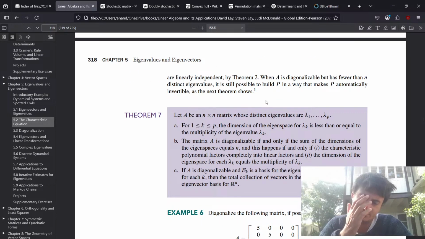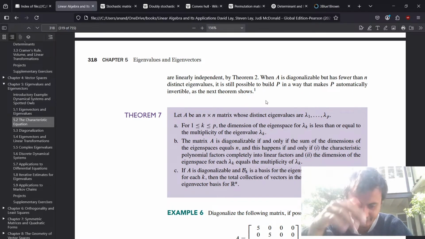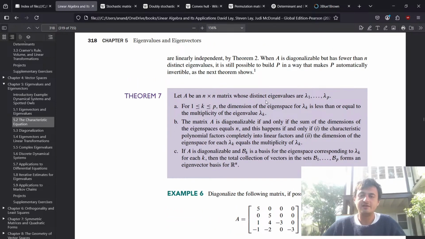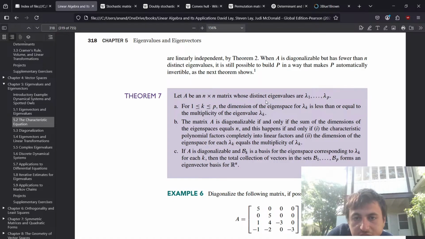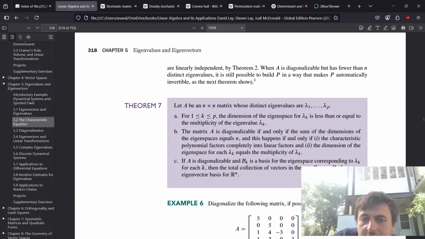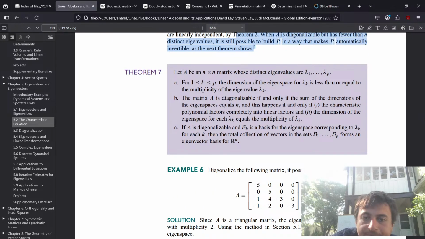That's kind of interesting. The easiest way to think about all this is the identity matrix: it's invertible, it's diagonalizable, but it doesn't have distinct eigenvalues.